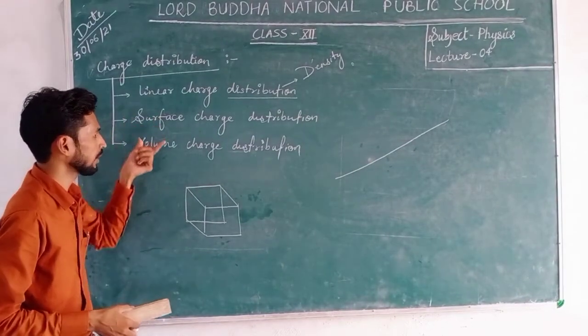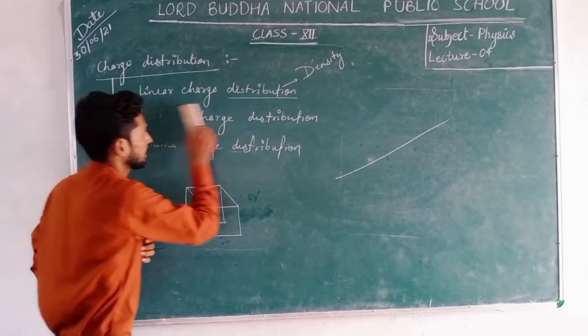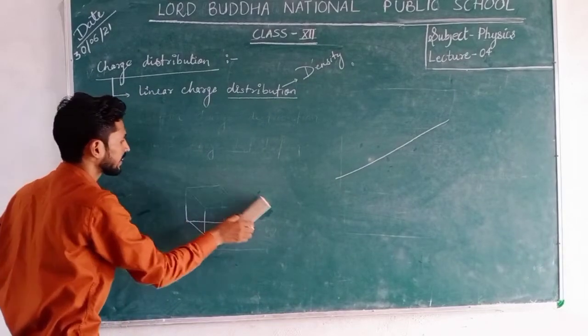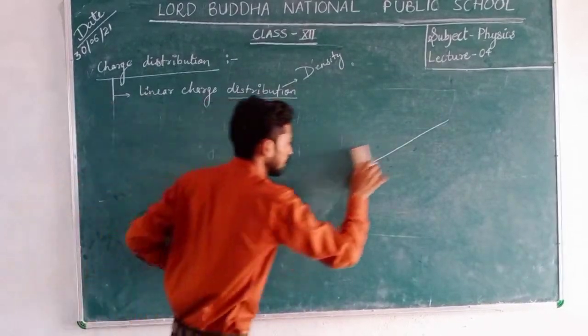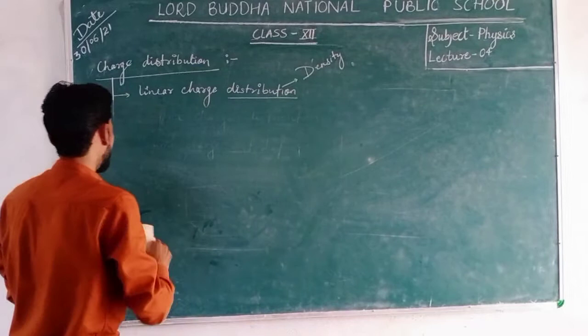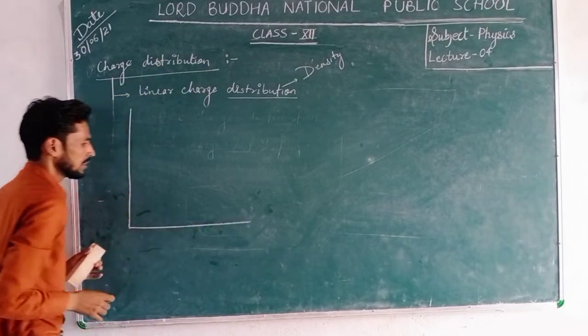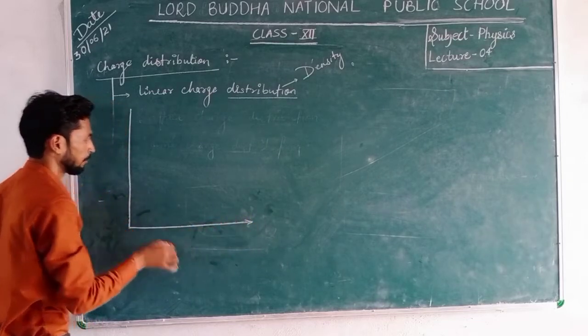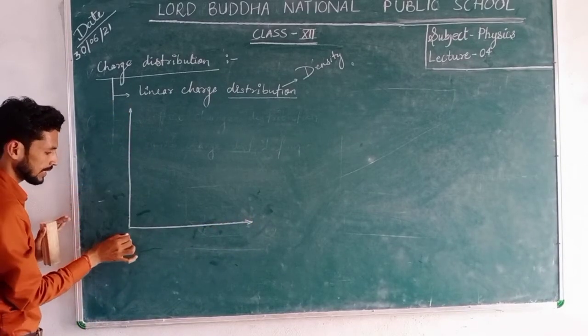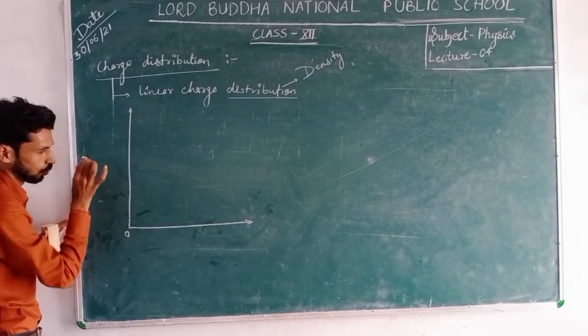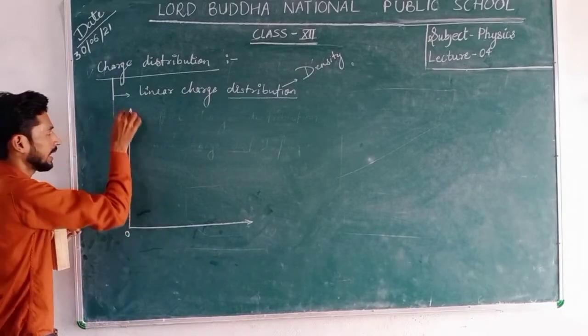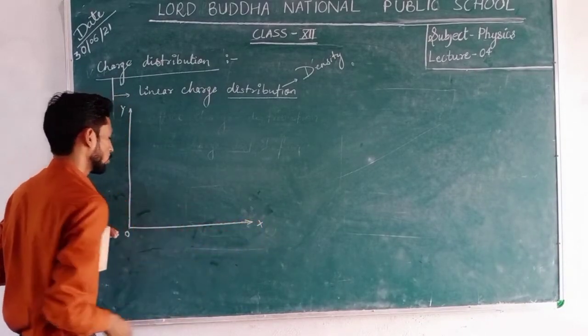Okay, so one by one we are going to discuss. The first topic is linear charge distribution, and for this topic we will first draw the diagram. Suppose that this is the reference frame, and this is the reference point, O. This is the x-axis and the next one is the y-axis.